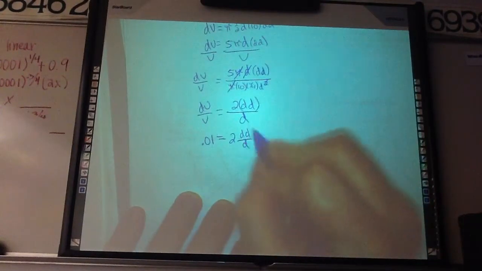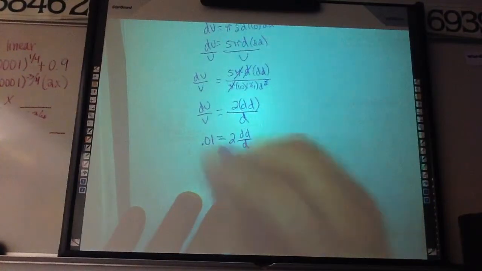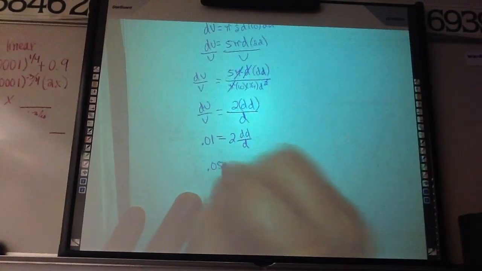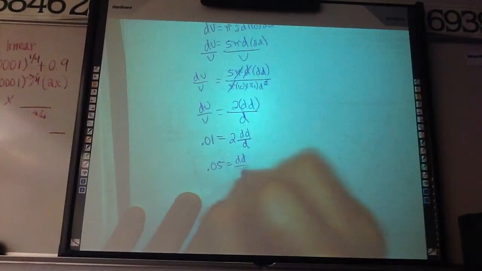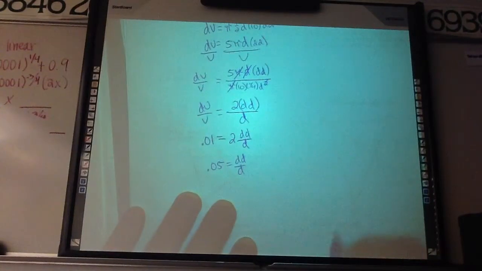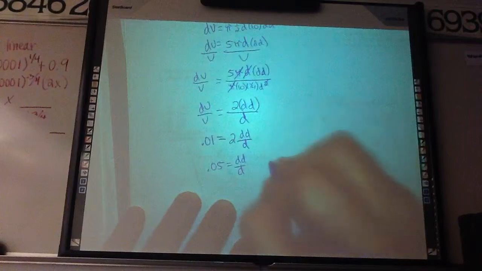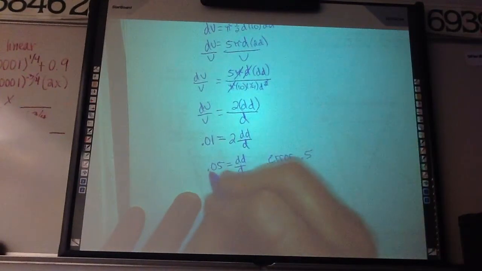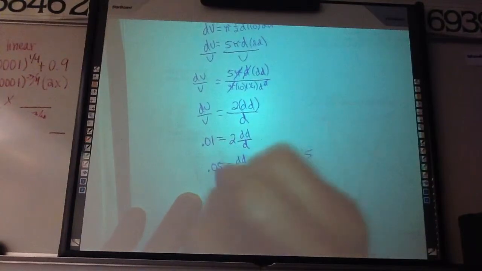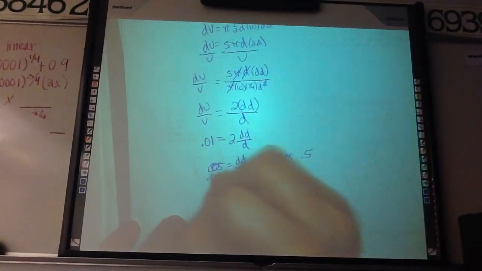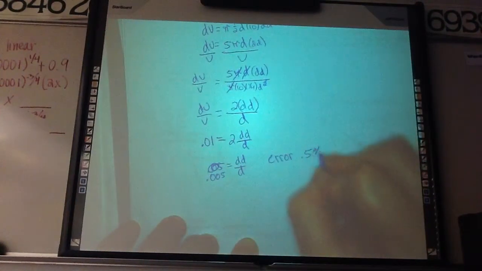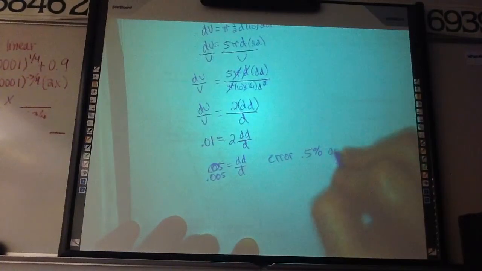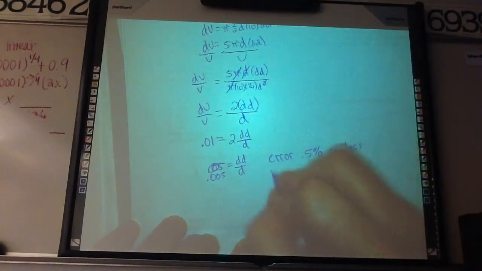This is what you're trying to find: the percent error for the diameter. So divide by 2: 0.01 over 2 equals dd over d. Your answer is 0.005, so you're at 0.5% or less when you measure the diameter.